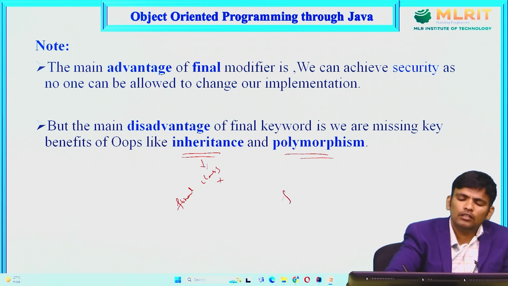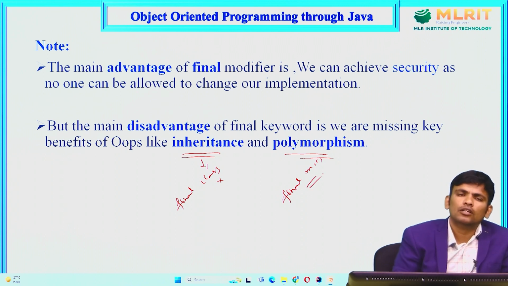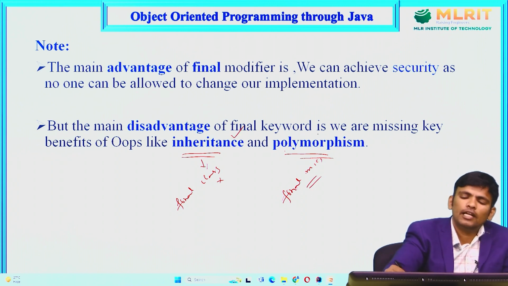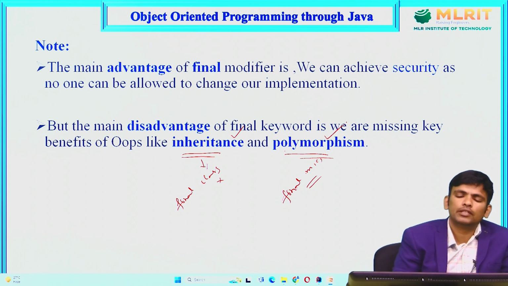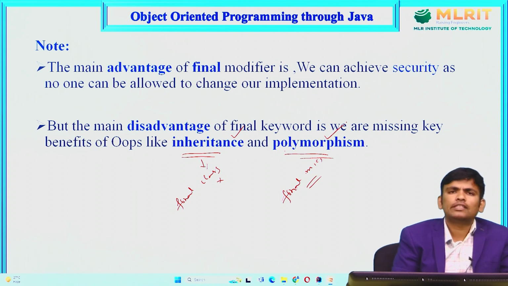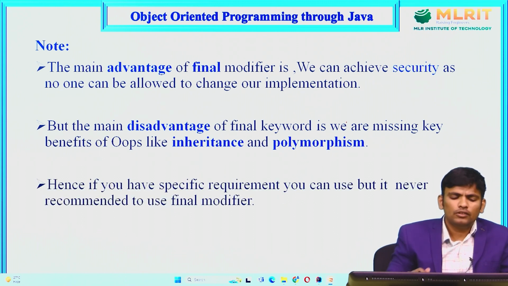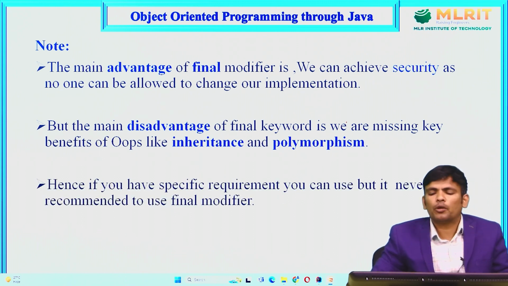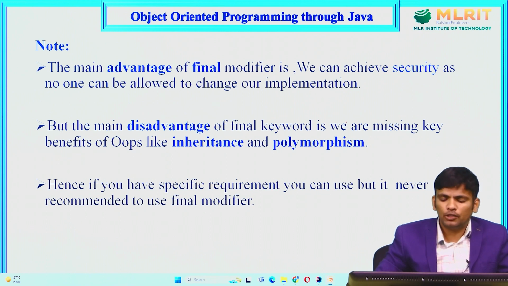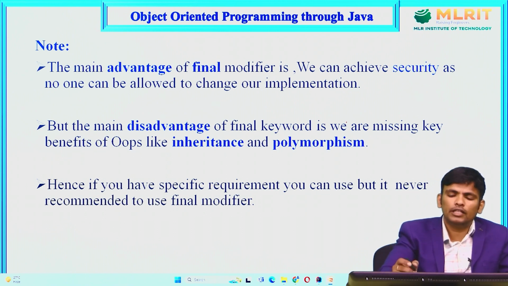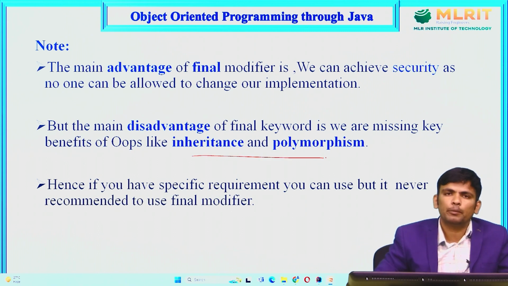If you use the final keyword on a method like m1, the overriding concept is affected. So we lose inheritance and polymorphism, which are the key benefits of object oriented programming. If you have a specific requirement, you can use the final keyword; otherwise it is not recommended, because it affects the key benefits of the object oriented programming language.